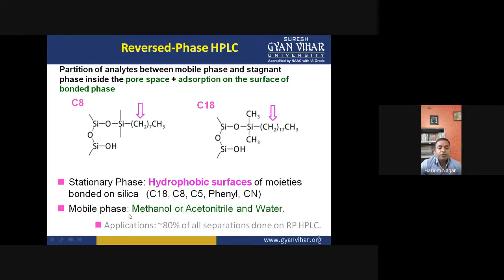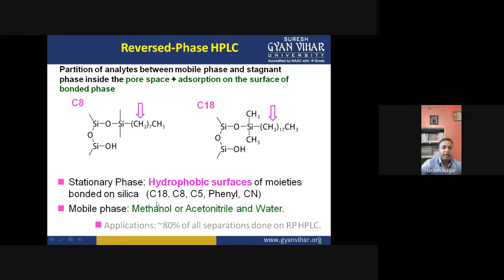And the mobile phases used are methanol or acetonitrile and water. We can take a combination of the mobile phases, methanol and water.